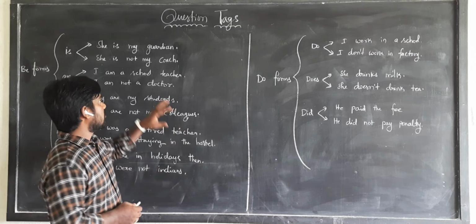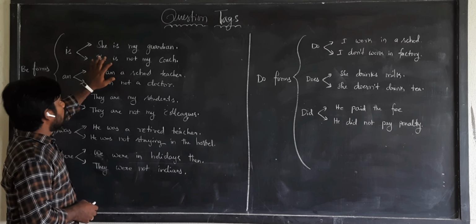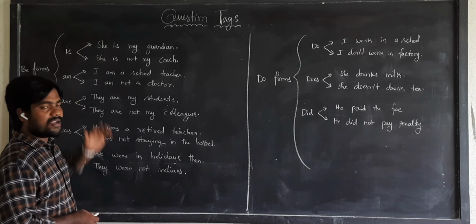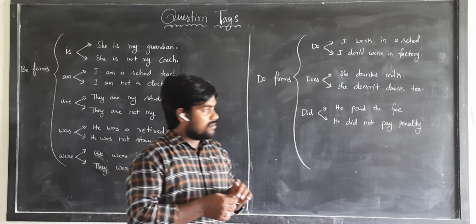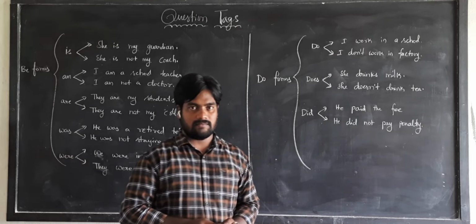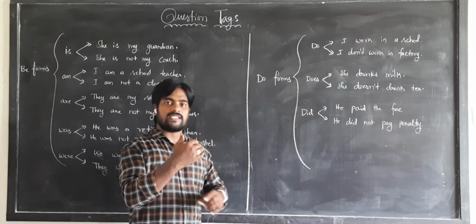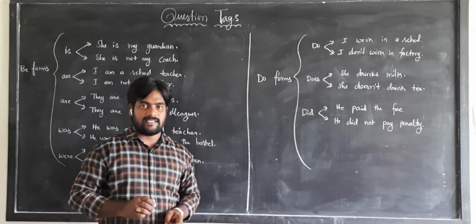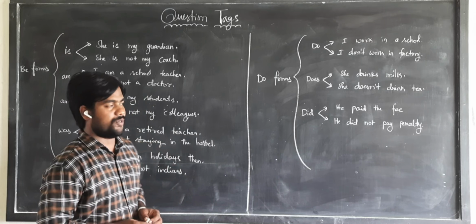Most of the times, only be forms, auxiliary verbs, and where there are no auxiliary verbs, how to make those statements into question tags. That is what we are going to see today.